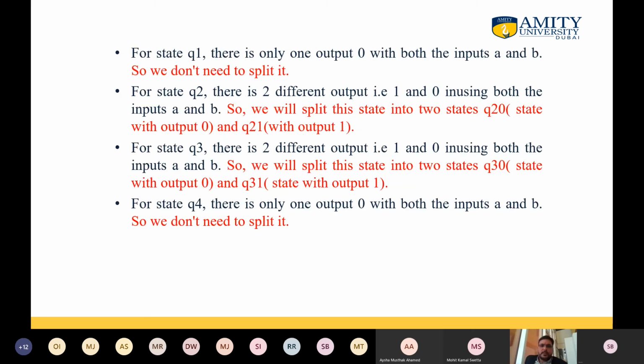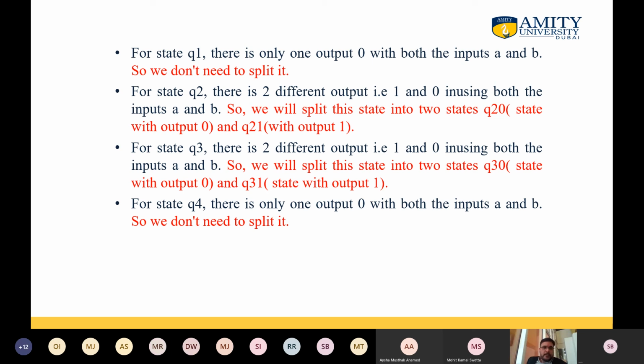Just read this. Are you able to see these 4 points? For state Q1, there is only one output, 0, with both inputs A and B, so you will not split it.